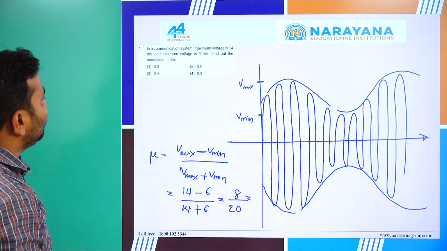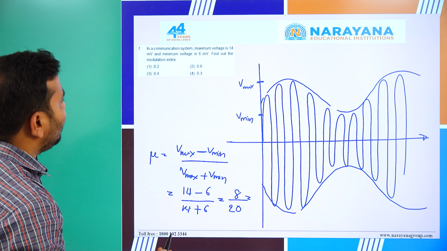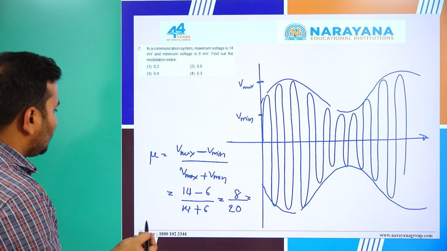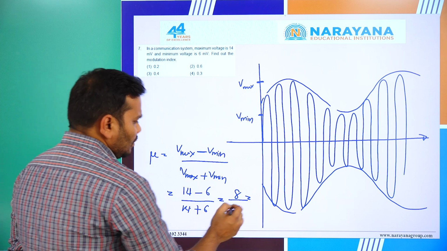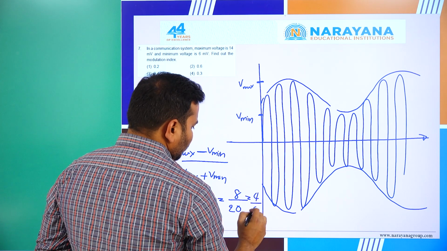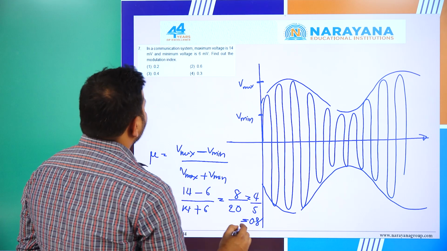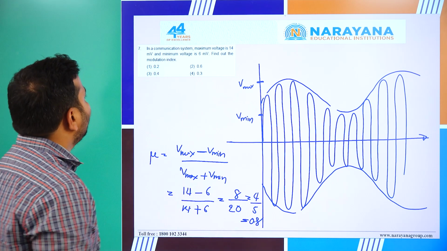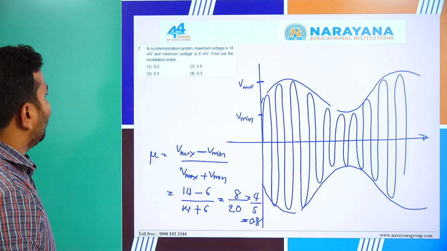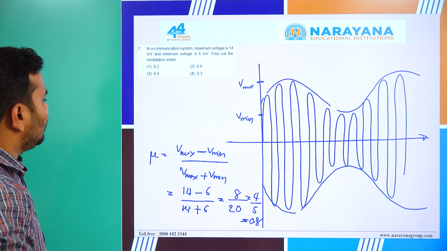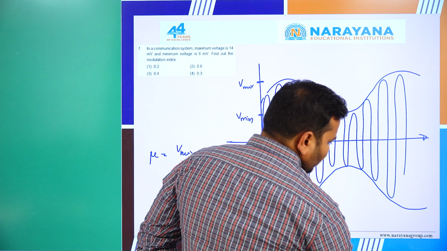This is 14 minus 6, 8, and 14 plus 6 is 20, and this will be 4 by 5. So here we are ending up at 0.8. We did not find the answer here, since they are asking only modulation index. We did not find the option here.